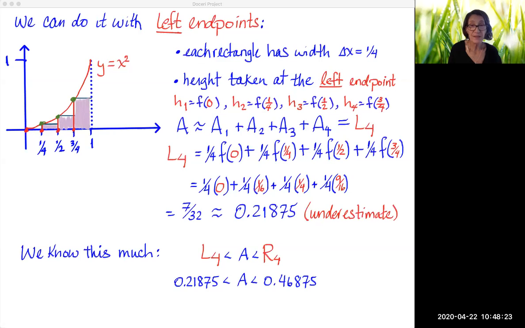That's all we know, somewhere in between those two. That's quite a range. So what we're going to do is try to get a better approximation and see what happens.